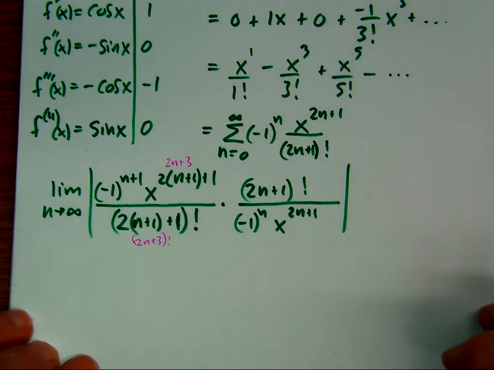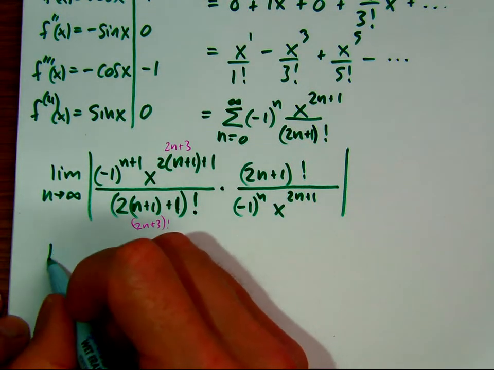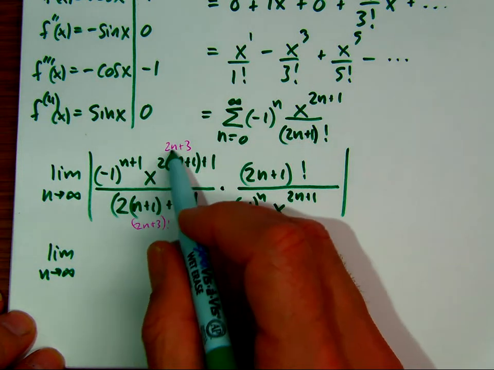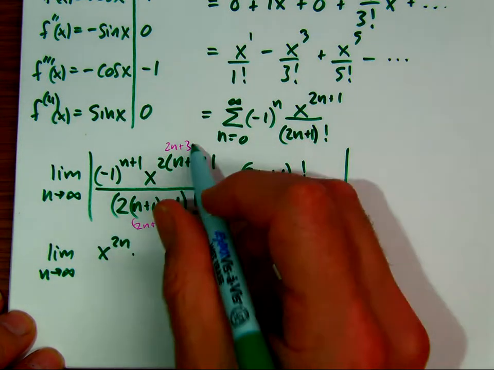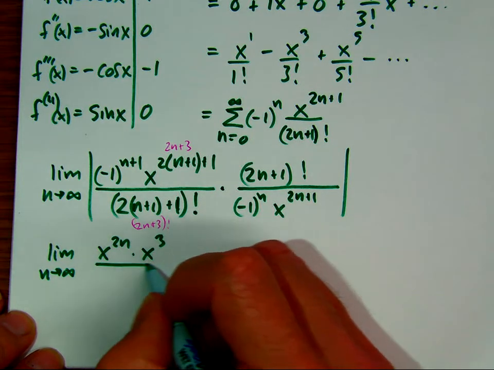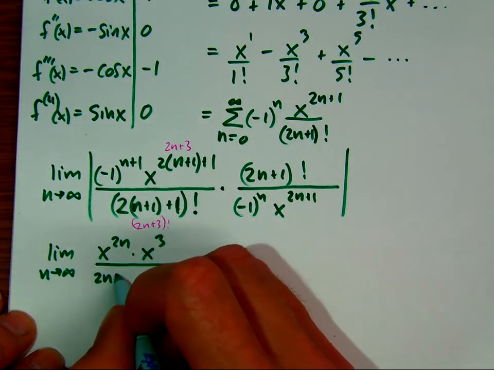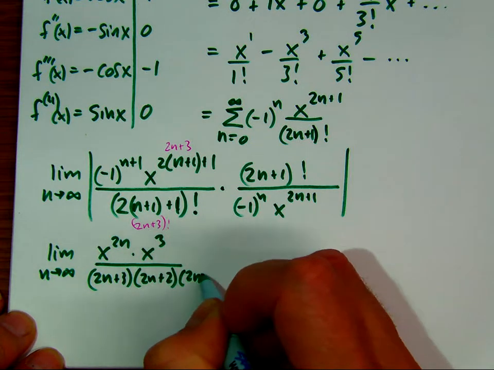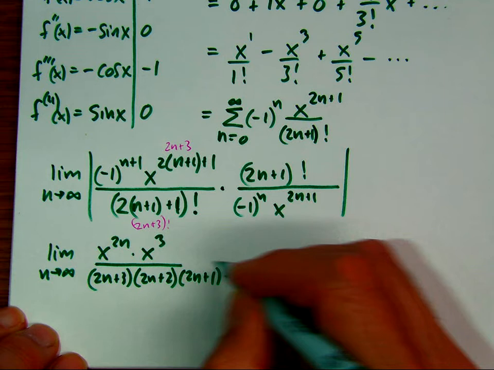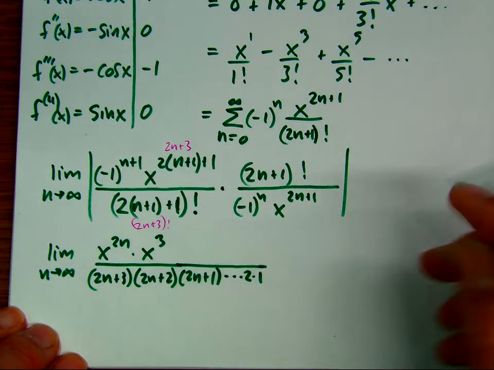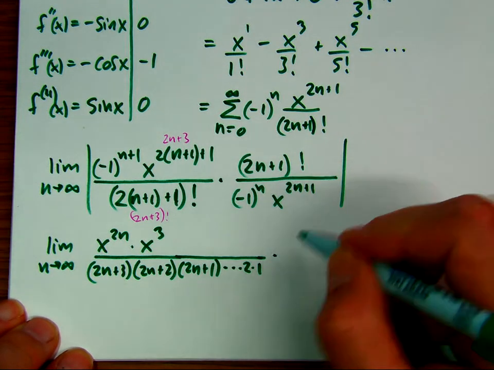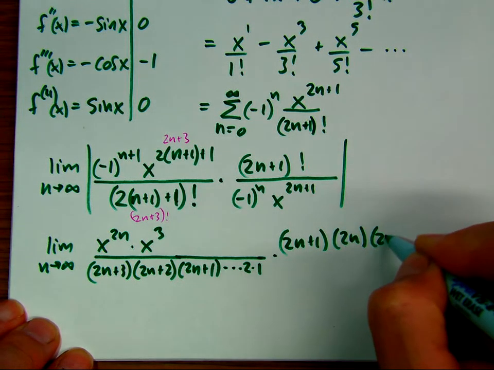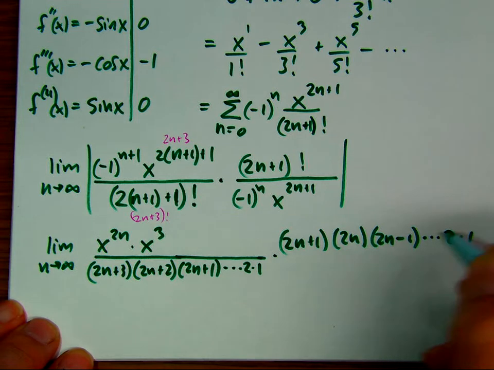So now let's expand everything. That's gone. We have x to the 2n times x cubed. In the denominator we have 2n plus 3 times 2n plus 2 times 2n plus 1 all the way down to 1. In the numerator, 2n plus 1, 2n minus 1, all the way down to 1 factorials.